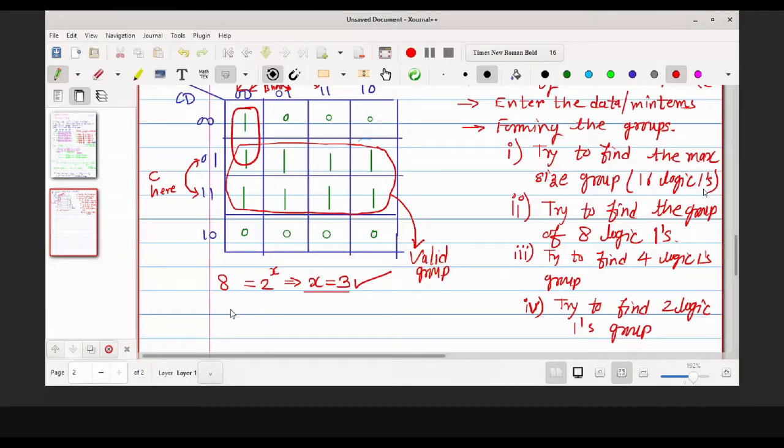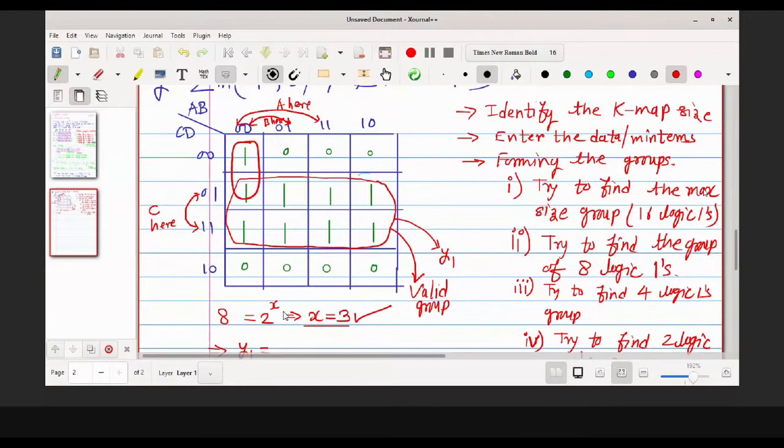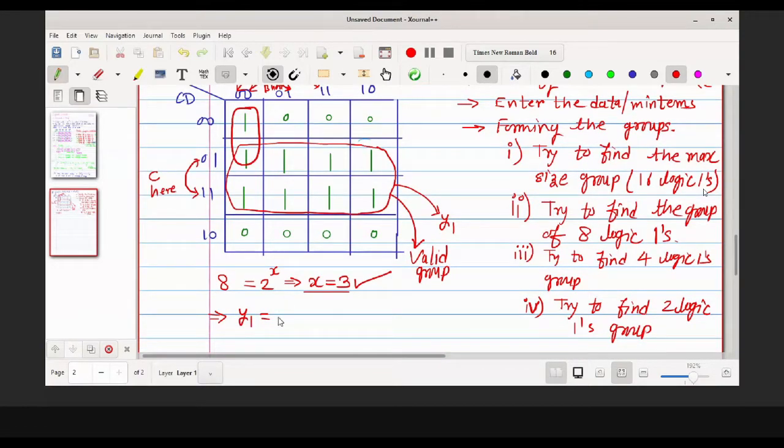Now, whatever is changing, let us say I denote the output by y1. So what is the SOP equation for y1 only? y1: A is changing, yes. B is changing, yes. C is changing, yes. D is changing, no. Therefore y1 will be only D. Why can I throw out A, B, C?